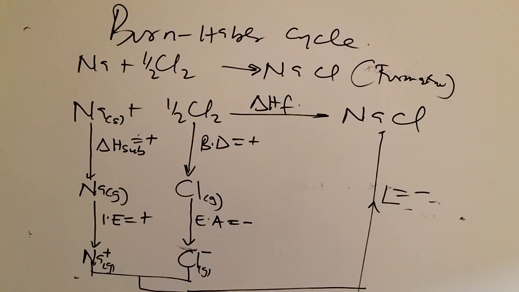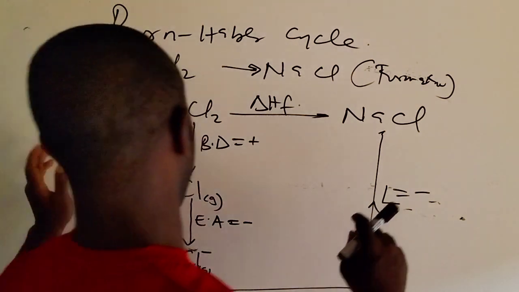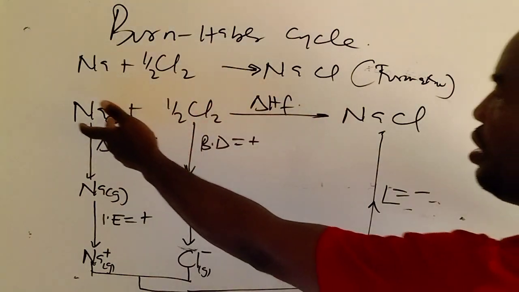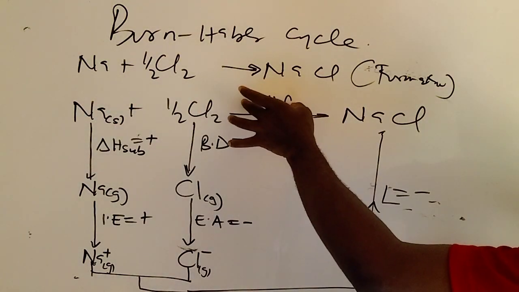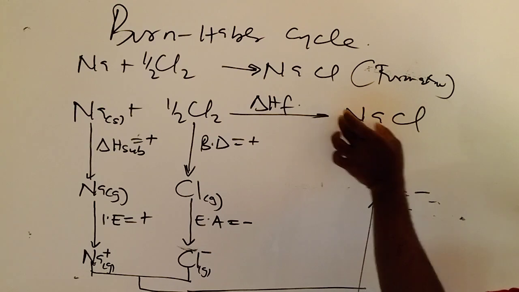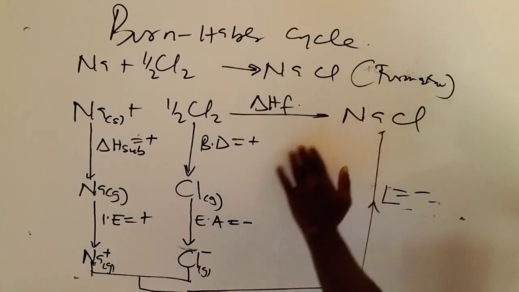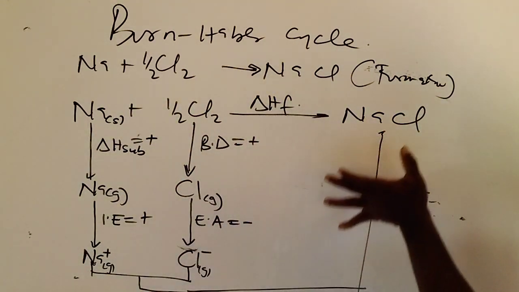Now, how do we apply this to solve problems? According to Hess's law, the major reaction is this one we have here, the enthalpy of formation of sodium chloride. It involves all these steps we have listed under it.